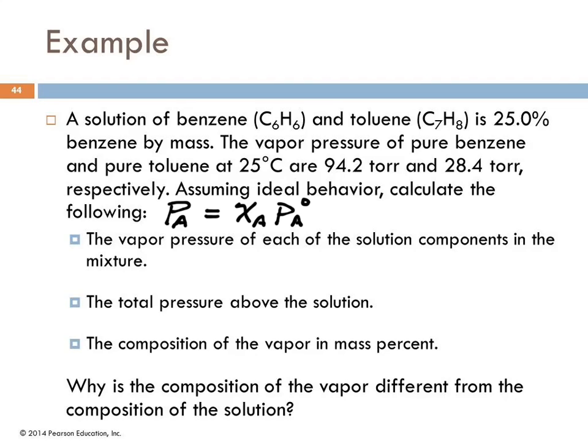What does 25% benzene by mass mean? 25 grams per 100 grams of solution, right? I'm going to actually get rid of this word example because I need some space. So 25.0, so 25 grams benzene, I'm just going to call him B, we'll call them B and T, benzene and toluene, per 100 grams of solution.